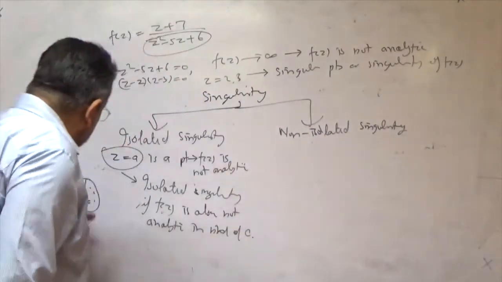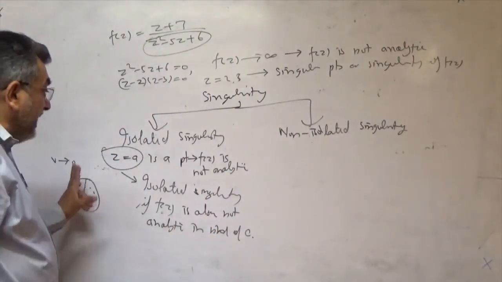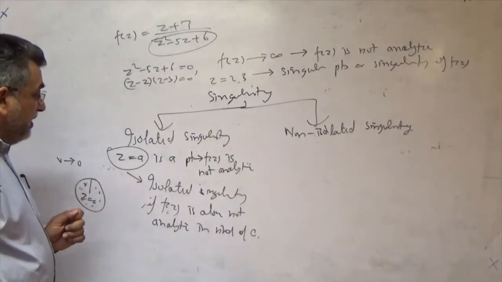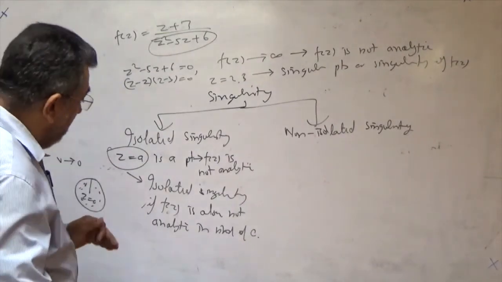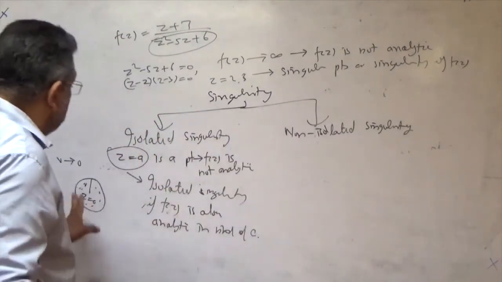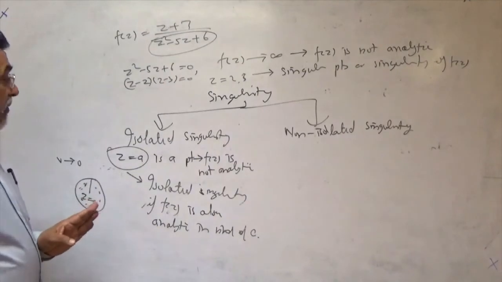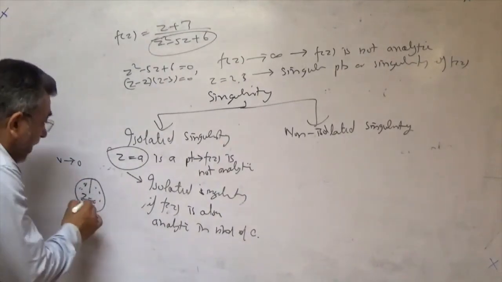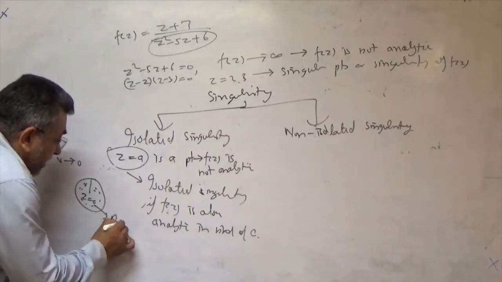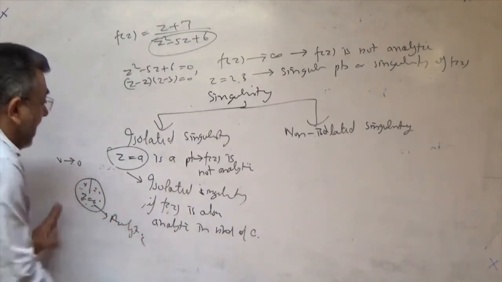If at these points the function is analytic, then this is an isolated singularity. Means z equal to a was the only point at which the function is not analytic.